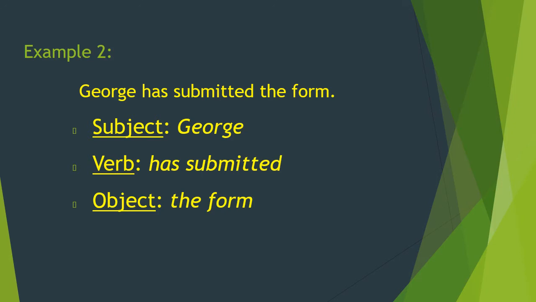The action is passed on from the subject to the object. So, has submitted is the verb which is the action done by George and it is passed to the object, the form. So, has submitted is in active voice and the sentence totally is in active voice.